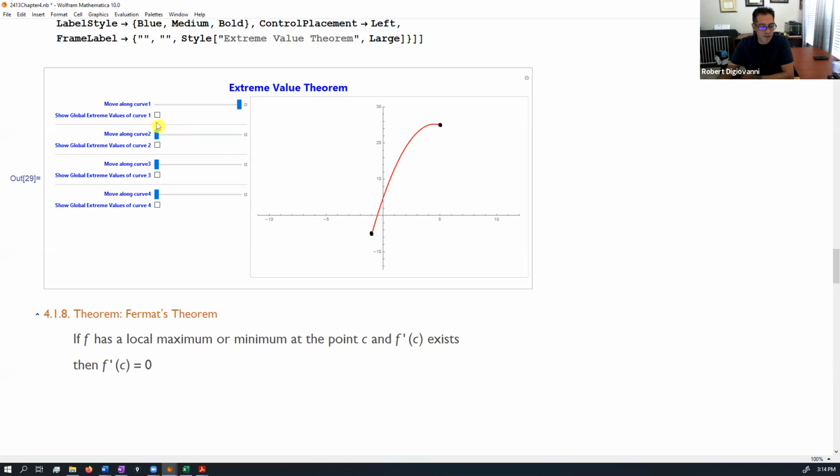If I draw this, guaranteed, I have global extremes. I have a global max right there, and the global minimum is my left endpoint. The theorem says that as long as I connect those with a continuous curve, I'm guaranteed to have a max and a min. There's no way to not have it. I'll give you a different example.